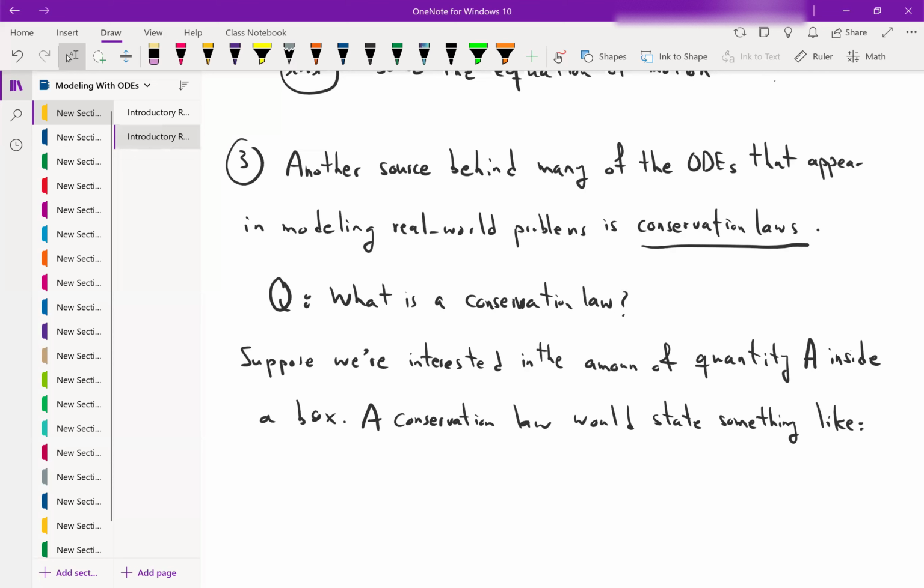You might think, oh, this is actually obvious. Obviously, this conservation law must hold. So what does the conservation law tell us about this situation? We have a box, a tank, it has some substance A in it, and we are interested in the amount of quantity A inside our tank, inside our box. A conservation law would say the following.